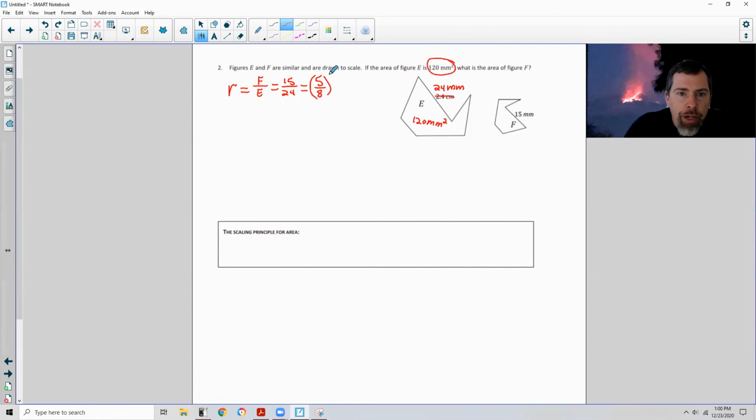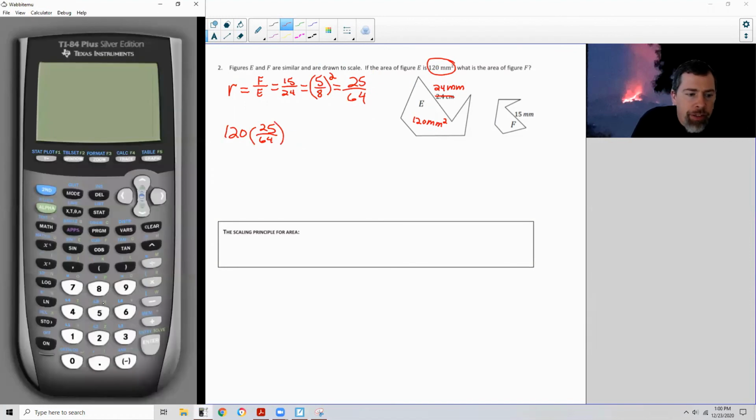So if I square that, then my scale factor of my areas will be 25 over 64. Okay, so all I need to do is take the area of E and multiply it by my scale factor squared. So I'm going to take 120 times 25 over 64.